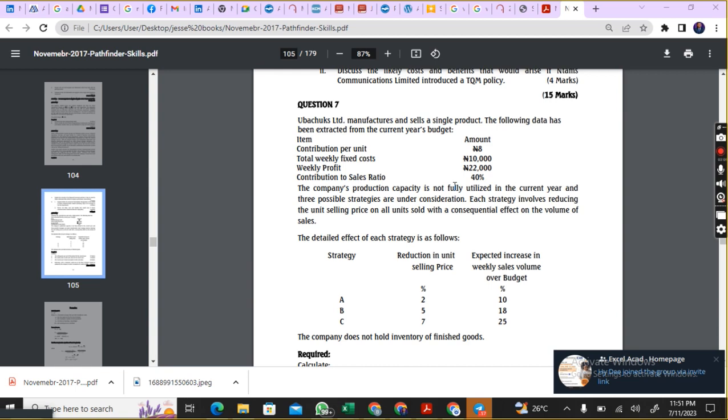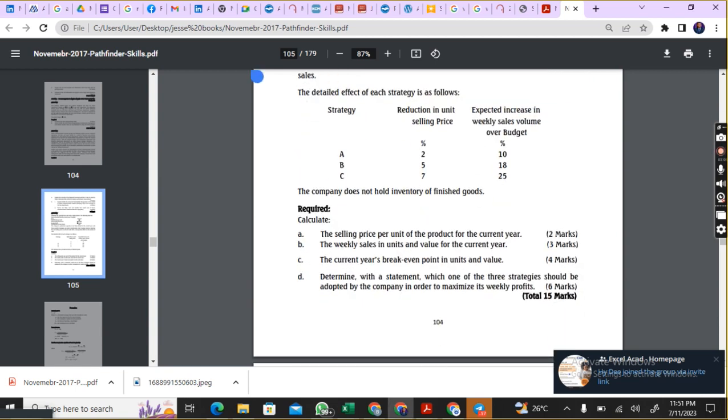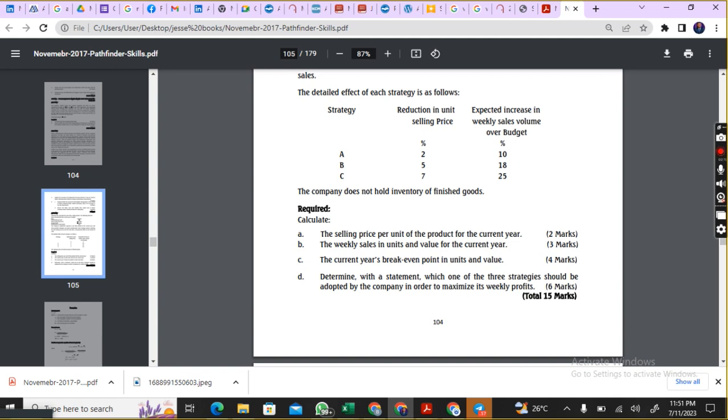We are moving to the required number. You are required to find the selling price per unit of the product for the current year. To get our selling price, our contribution is selling price minus variable cost.